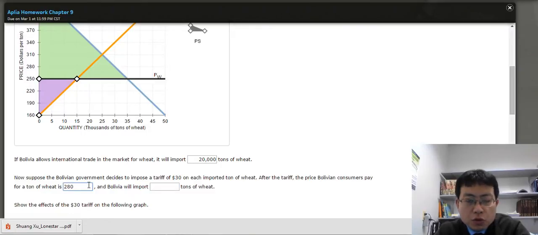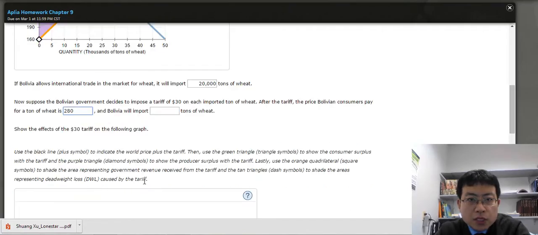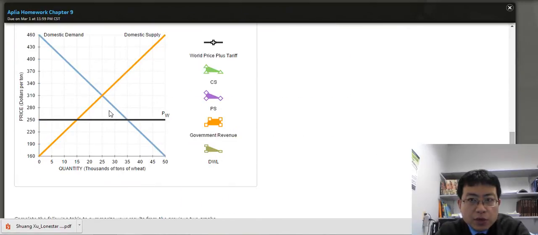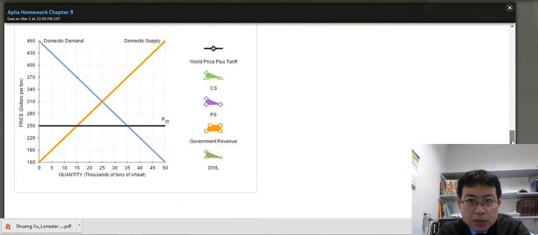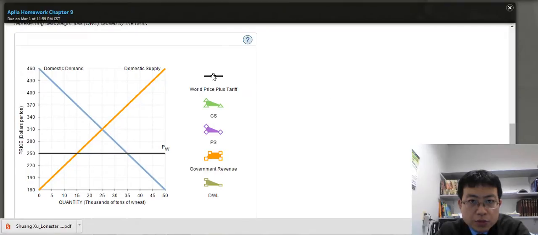So you use your world price plus your tariff. According to the graph below, let's make the new price $30 above our world price before. So this line at 280 is our new price with the tariff.